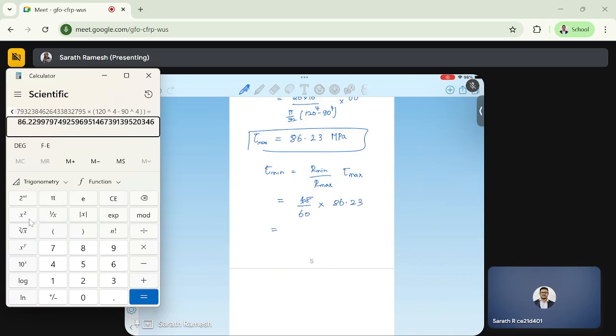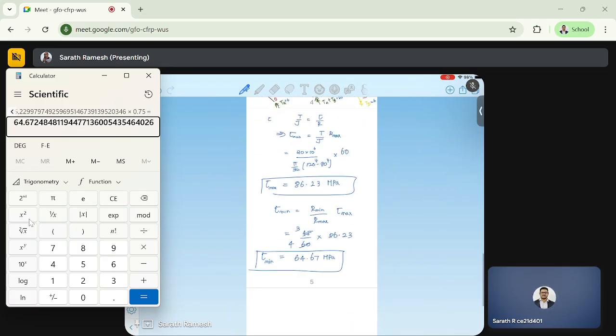Just 3 by 4, so 75 percentage of that. 0.75, which is 64.6.